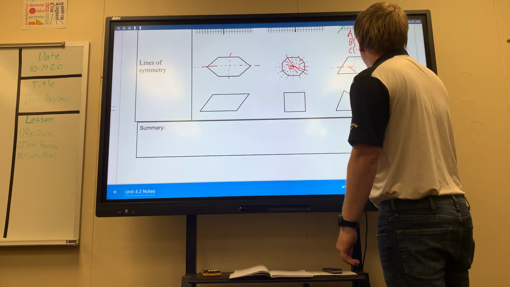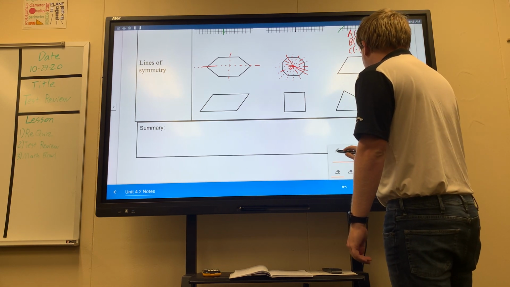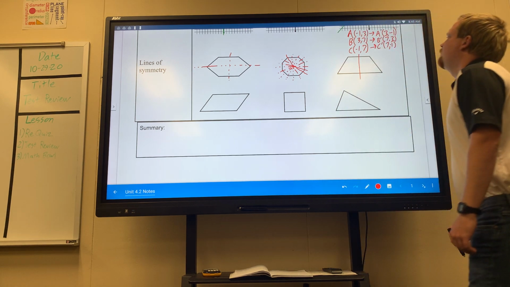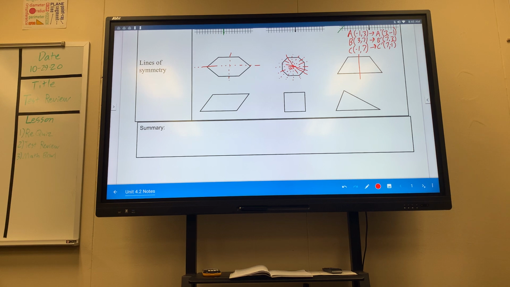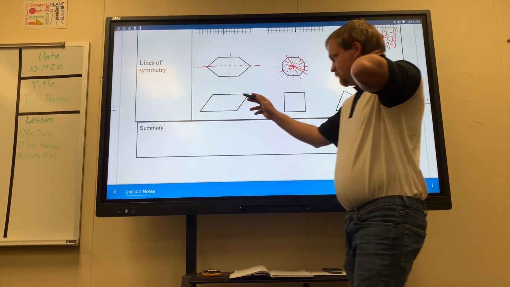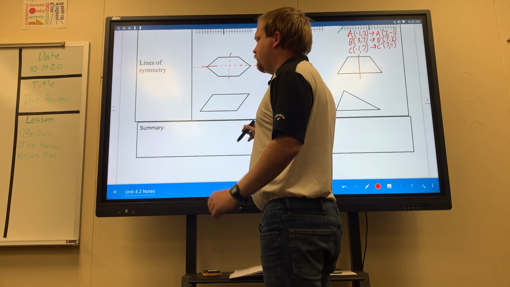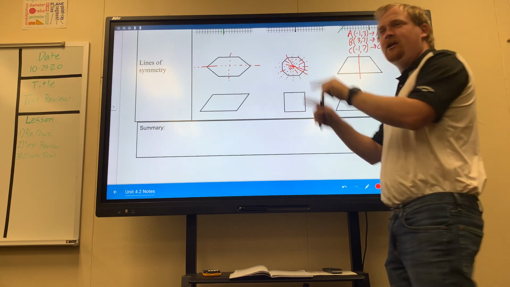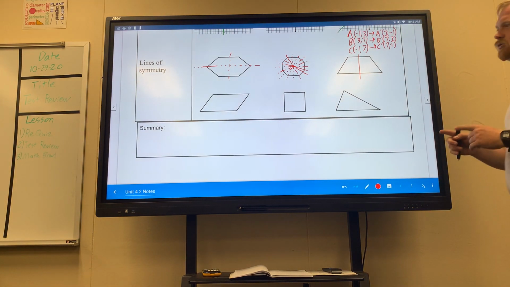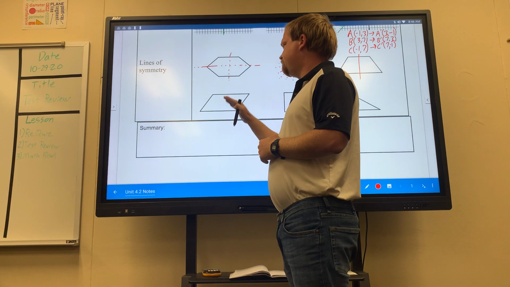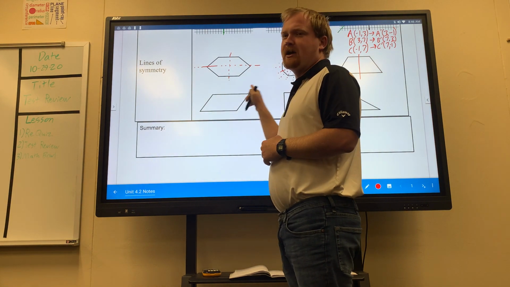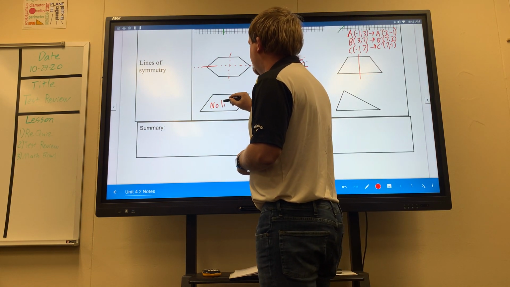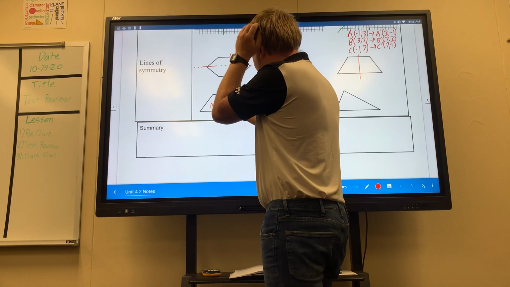However, I can actually fold this vertically, like that. Now for this polygon, if I fold up the corners, I would actually have these two corners sticking out a little bit, almost like ears. So I can't cut it this way, and this way is just as bad. So really, this would have no lines of symmetry.